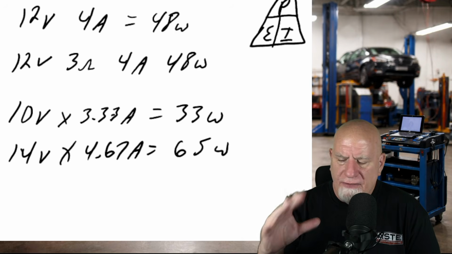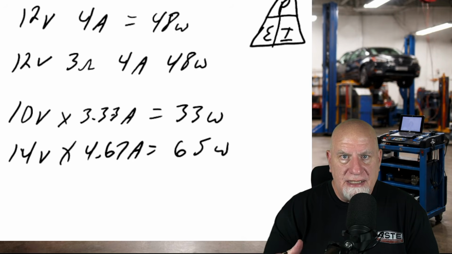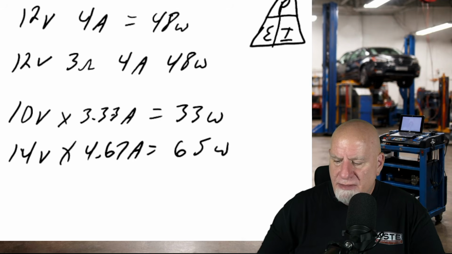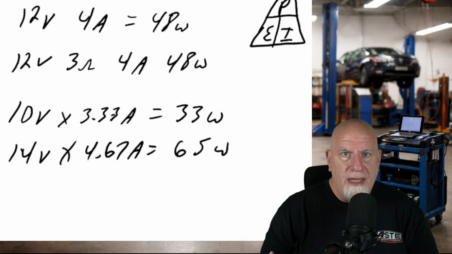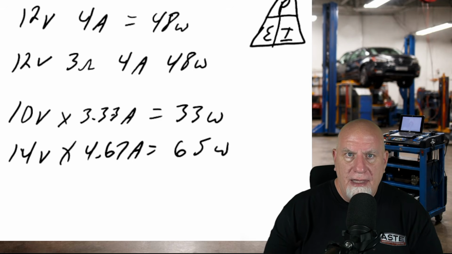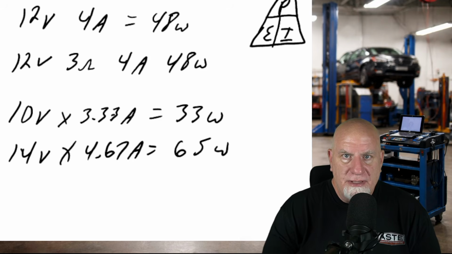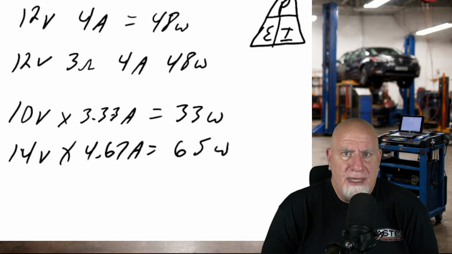So voltage, current, resistance, and power are all related to each other. And now you may be like, well, Bill, okay, you've covered Ohm's law, I understand the relationship between them, but what does this have to do with me working on vehicles every day?